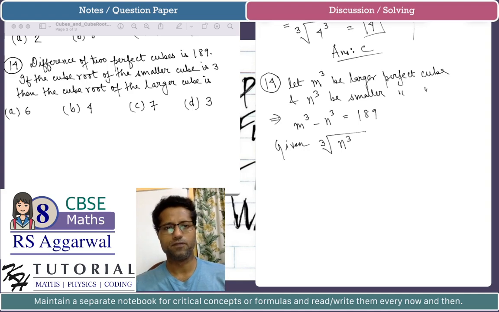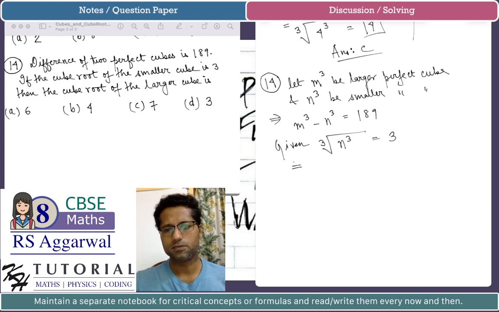The difference of the two perfect cubes is m cube minus n cube, which is given to be 189, and it is also given that the cube root of the smaller perfect cube, n cube, is 3.